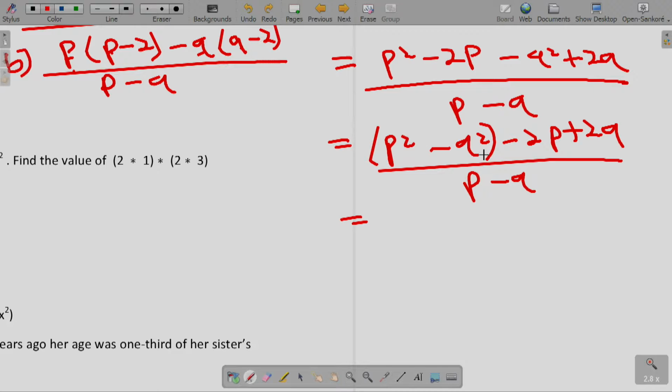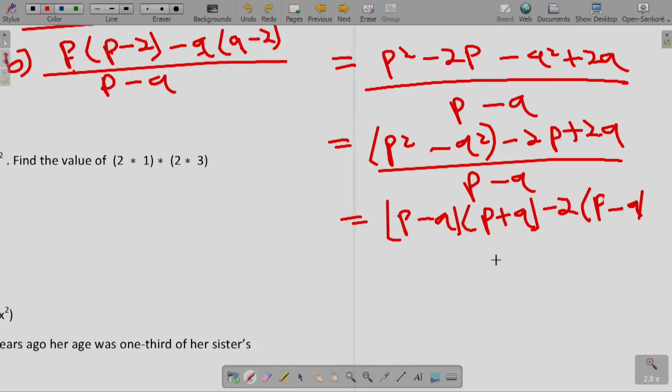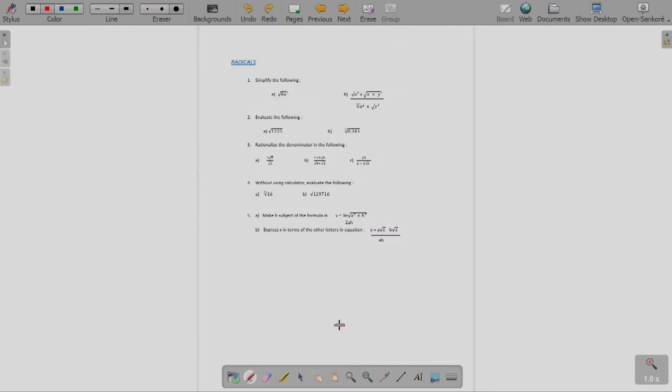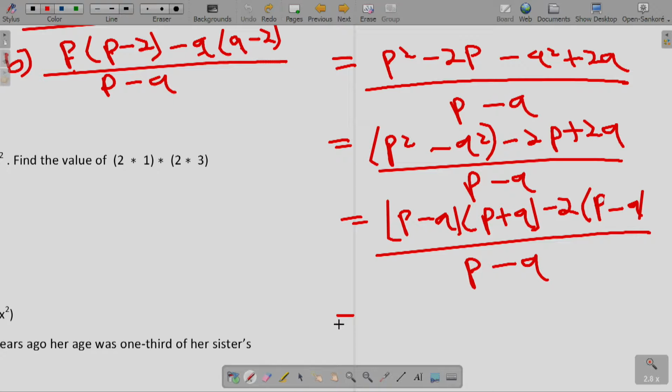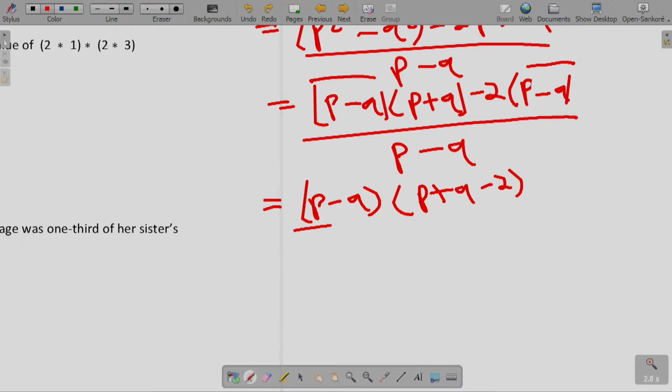This term we can express as a difference of 2 square, P minus Q and P plus Q. And here we may take negative 2 as a common, so the remaining is P minus Q over P minus Q. So this is equal to, but here we have P minus Q and here we have P minus Q. So you can take P minus Q as a common and remain P plus Q minus 2 over P minus Q. This term and this term cancel out.